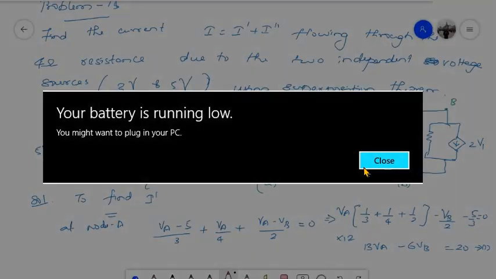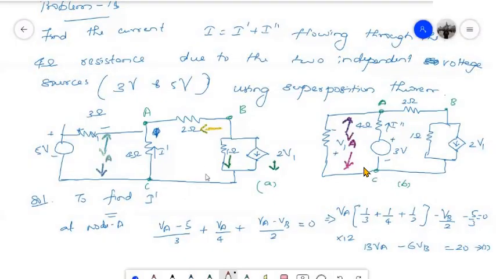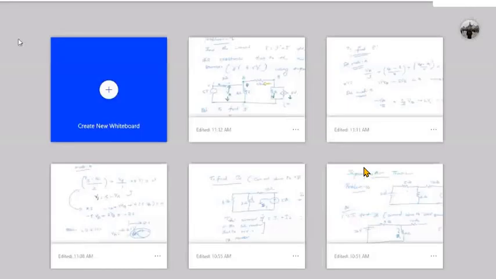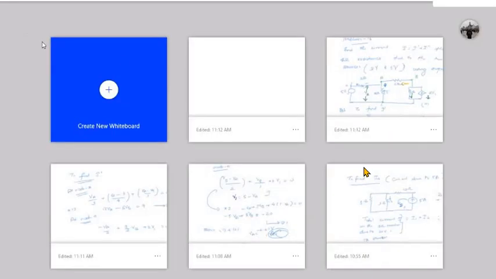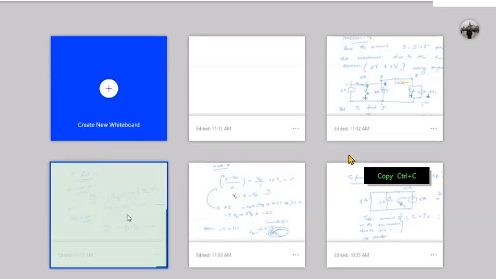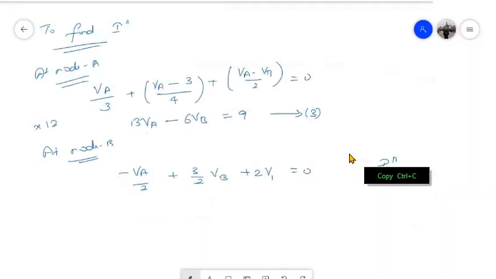So therefore VA is nothing but minus of V1. So I'll be getting V1 is equal to minus of VA.